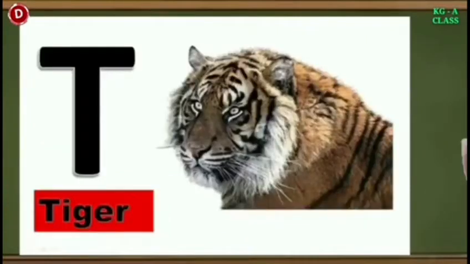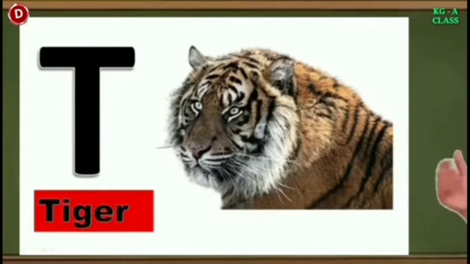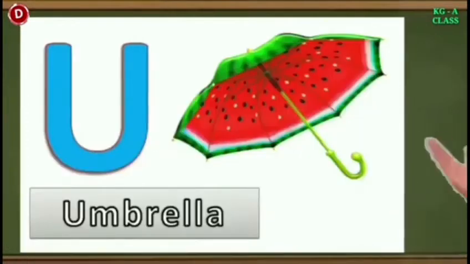Now comes T. This is capital T. T for tiger. This is a tiger. Children, this is capital T. T for tiger. Now comes U. U for umbrella.